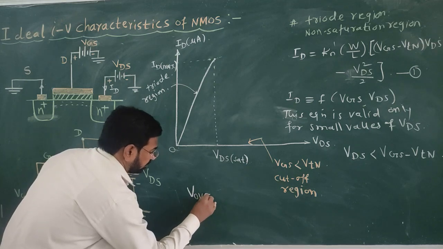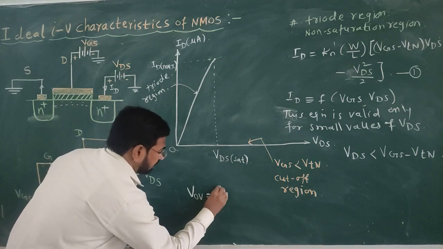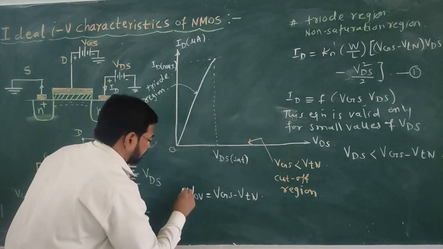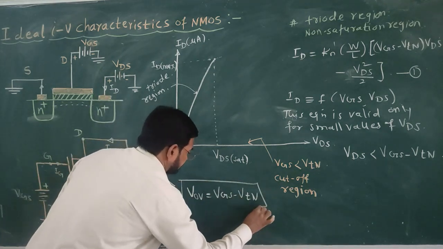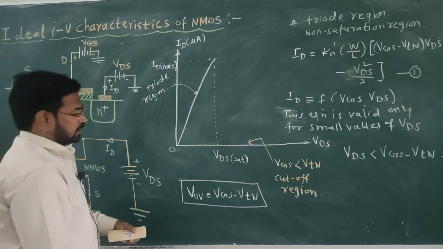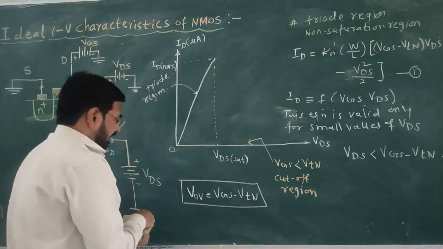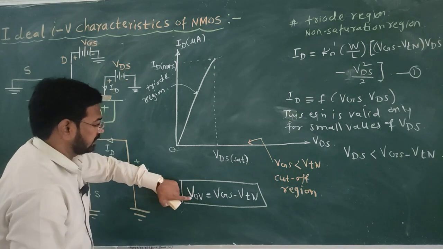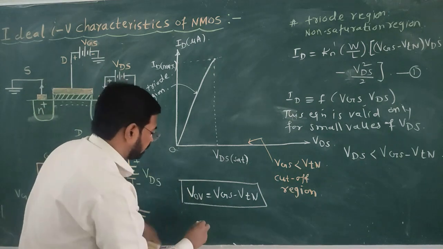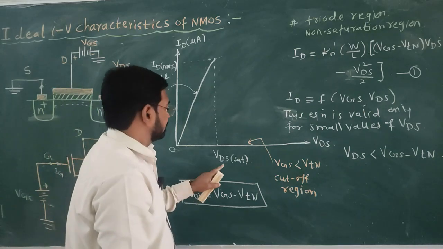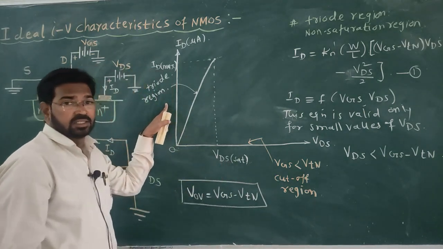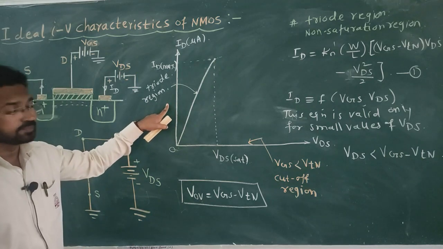So, VOV is nothing but VGS minus VTN. See this, drain voltage is less than VOV, the overdrive voltage, and at that time this device works in the non-saturation region.